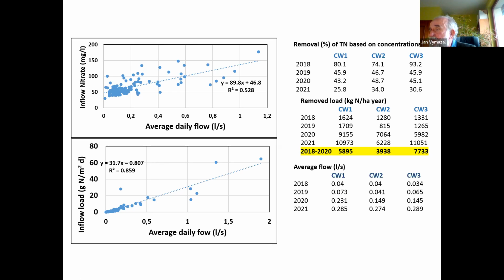So it's very much a difference. And generally plants can take up between 300 and 600 kilograms of nitrogen per hectare per year. So when you compare it to these numbers, this is somewhere around 10%.